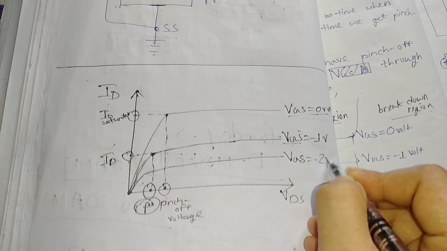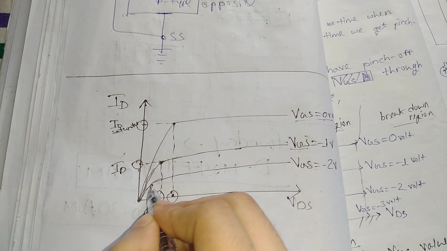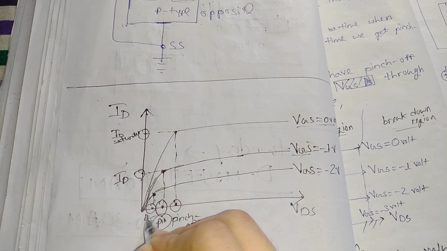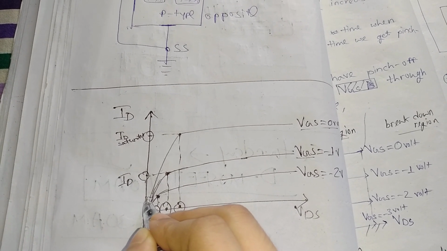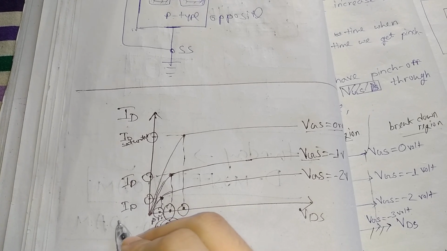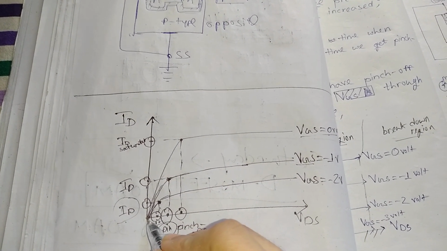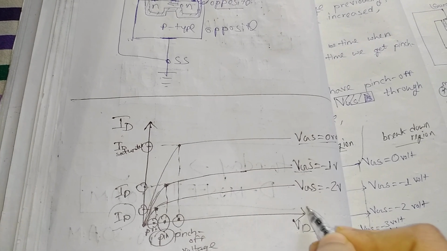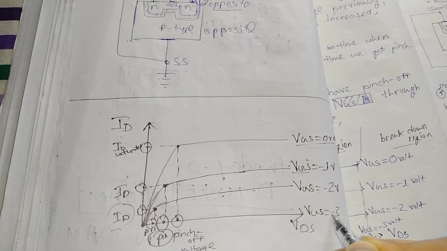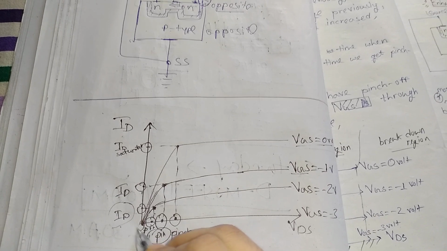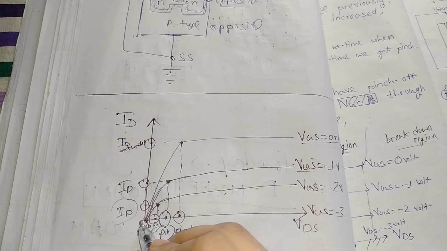Now VGS equals minus 2 volt. Then look, this is the pinch off voltage, and ID gets saturated even more quickly. And when VGS equals minus 3 volt, this is the pinch off voltage and this is ID.